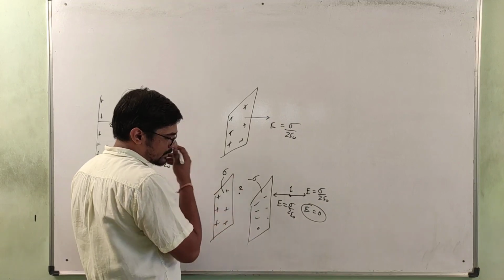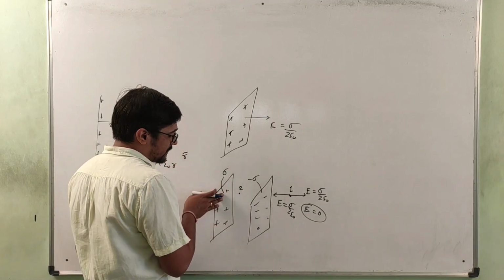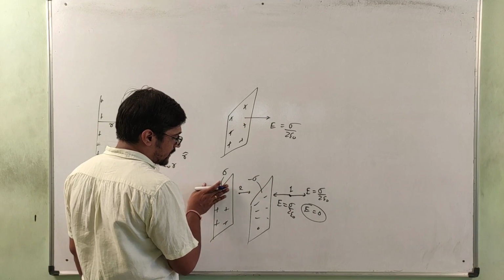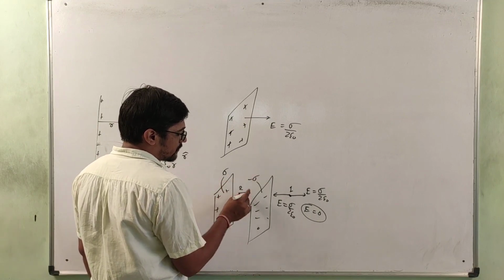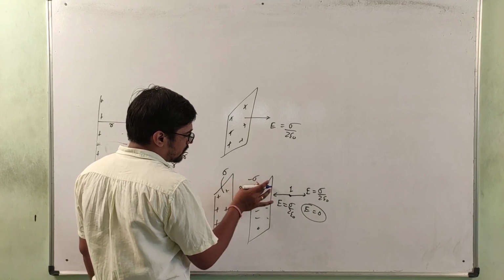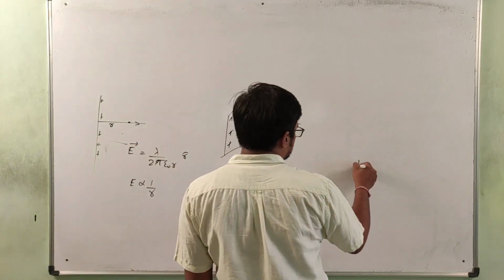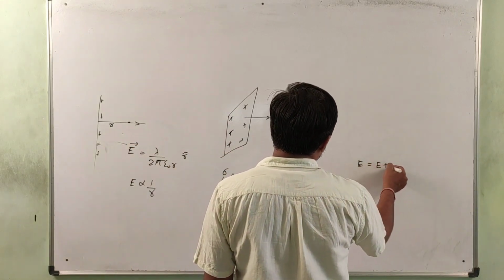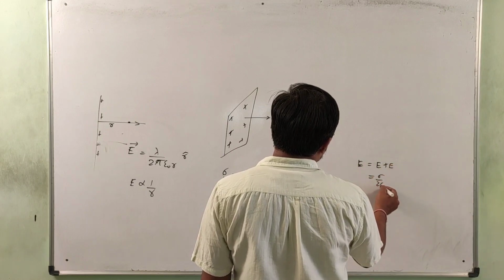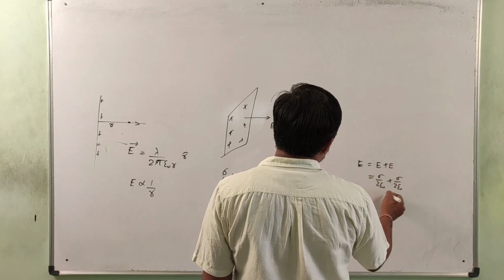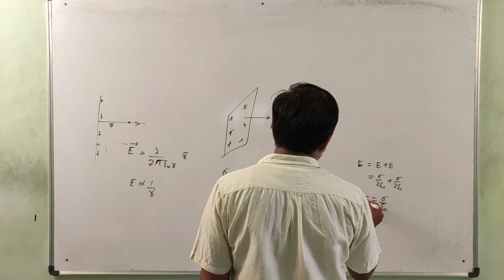At the middle point, the electric field due to the plus charge is going outward from it, and for the negative charge it is going inward to it. Both fields are in the same direction, so the resultant is E plus E, which is sigma by 2 epsilon naught plus sigma by 2 epsilon naught, equal to sigma by epsilon naught.